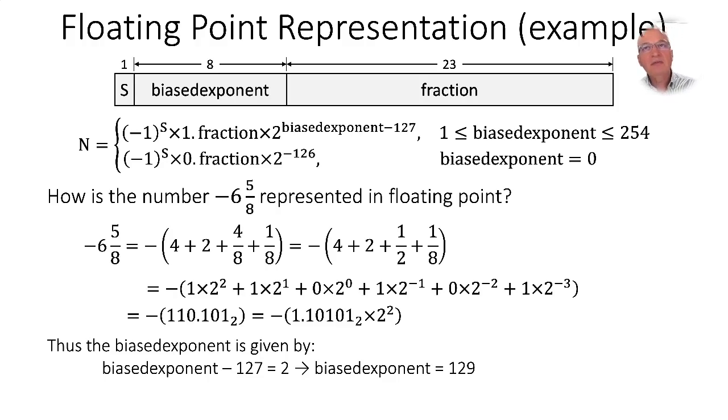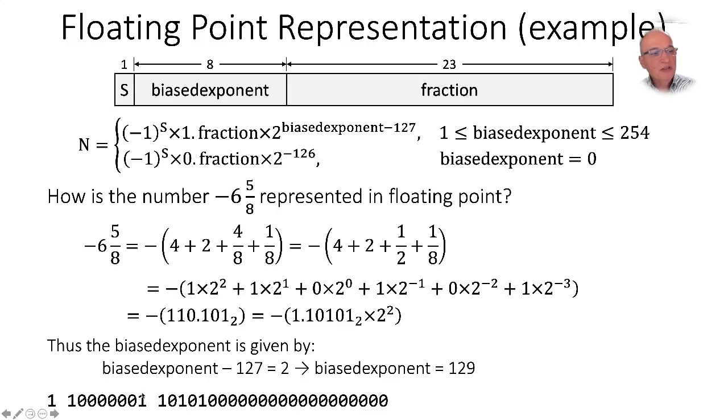So I need the bit corresponding to 7 equal to 1 and the bit corresponding to 0 equal to 1. That value here is the value 129. My number is negative, and my mantissa is expressed here: 10101, followed by all zeros to the end.